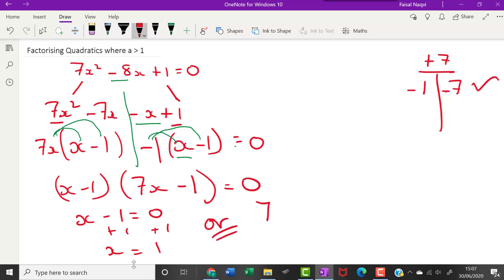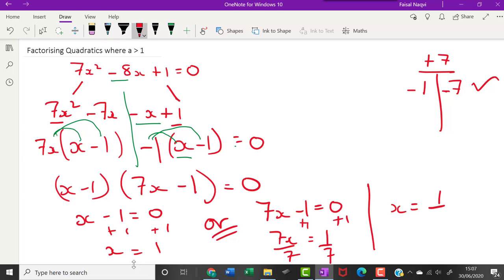Or 7x minus 1 equals 0. Add 1 to both sides. 7x equals 1. Divide both sides by 7. x equals 1 over 7. Those are my two answers for this question.